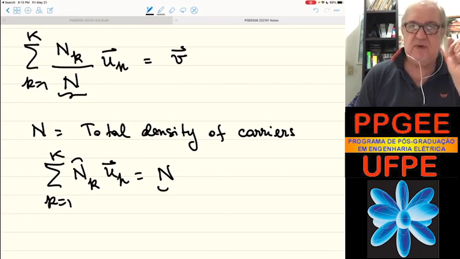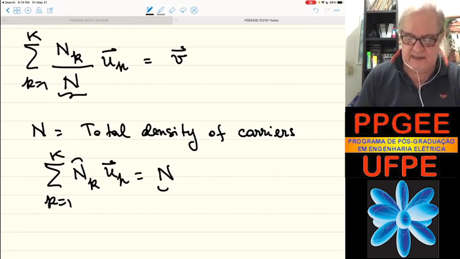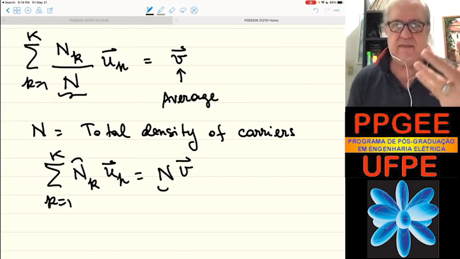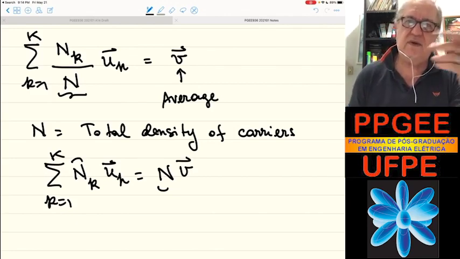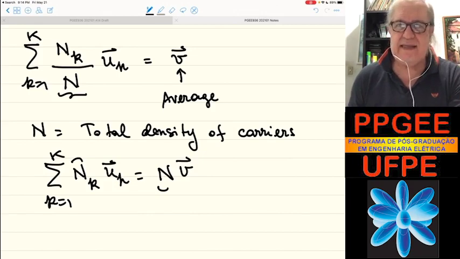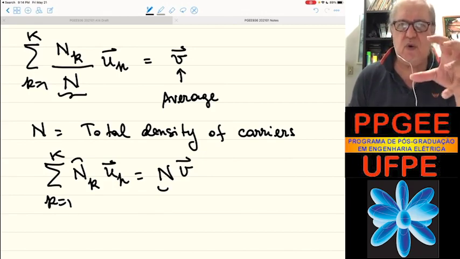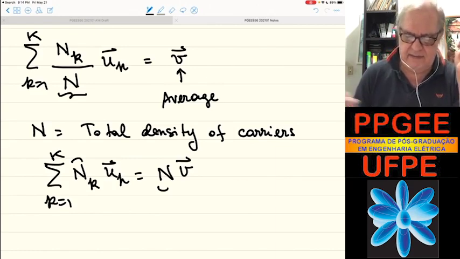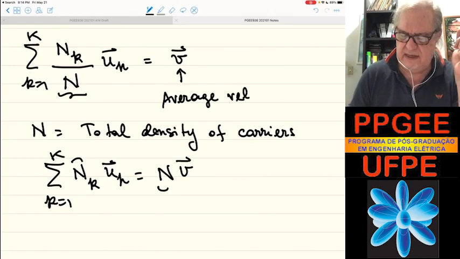We would have to know the distributions in different groups. It's very complicated. V is the average velocity, which is another parameter that can be determined using statistical mechanics. Given the temperature, given the type of solid, given certain microscopic parameters, you know what the average velocity is in a material.